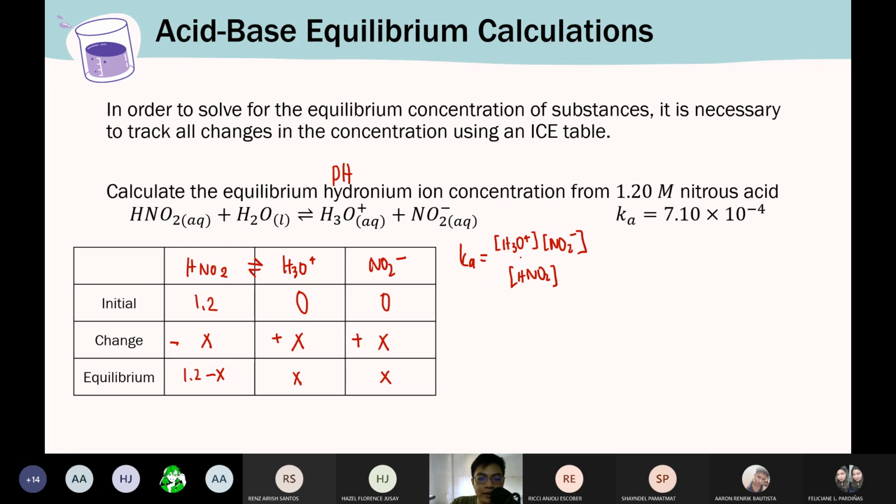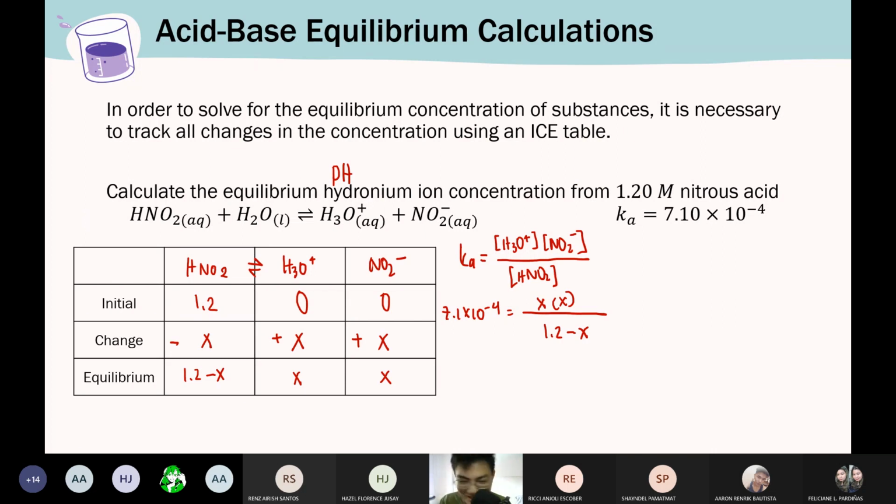So, products over reactants. And then your Ka, 7.1 times 10 negative 4, will be equal to H3O, what's the expression? X. NO2 minus, what's the expression? X. And then yung HNO2, that will be 1.2 minus X. Tapos ano na susunod na mangyayari?